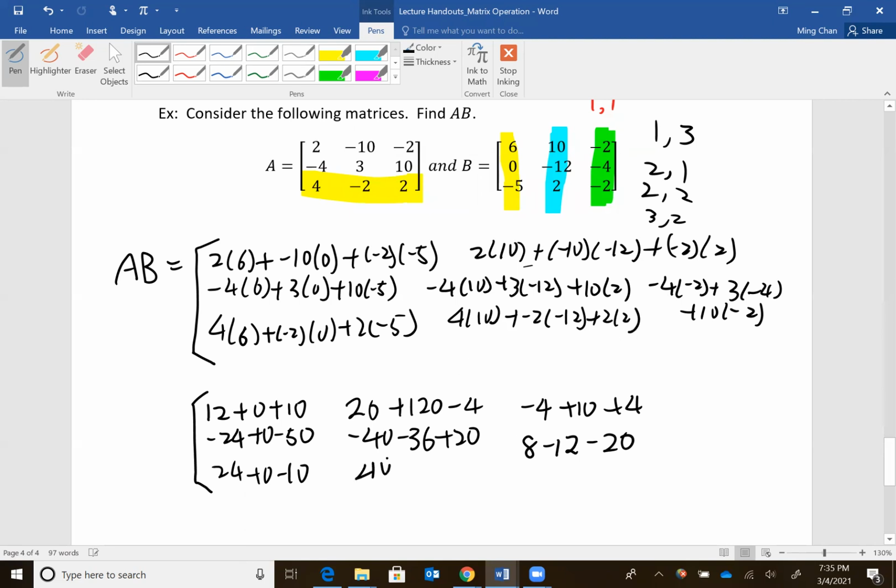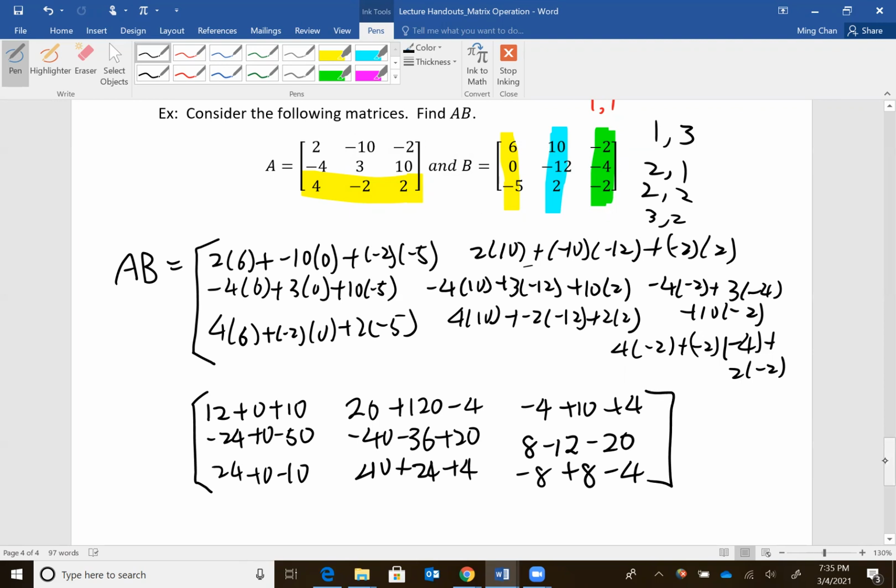That'll be 40 plus 24 plus 4. Row 3, column 3: 4 times -2 plus -2 times -4 plus 2 times -2. So that's -8 plus 8 minus 4.